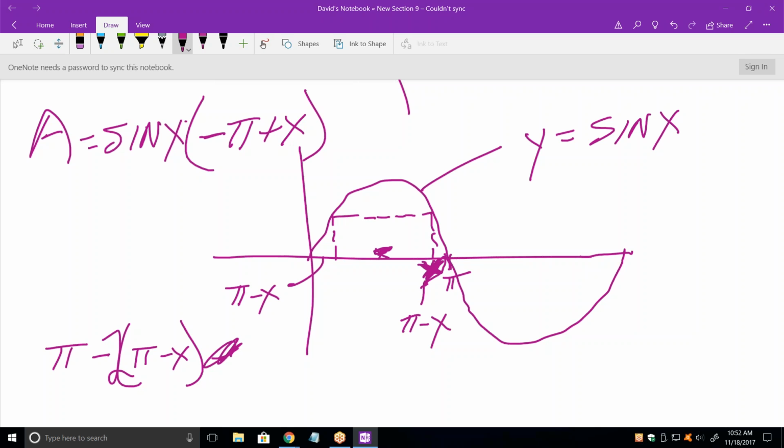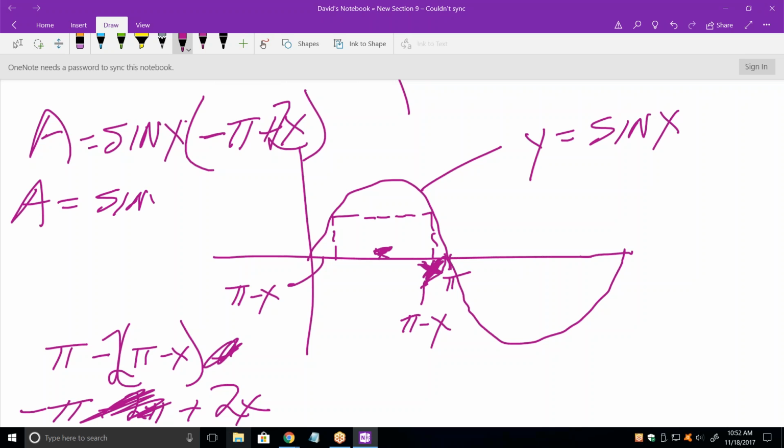No. Just a second. Now I got to distribute the 2 also. It's plus 2x. Because I got down here, I've got pi minus 2 pi plus 2x. Okay, and pi minus 2 pi is minus pi plus 2x. So there's my function. Area equals sine x times 2x minus pi.